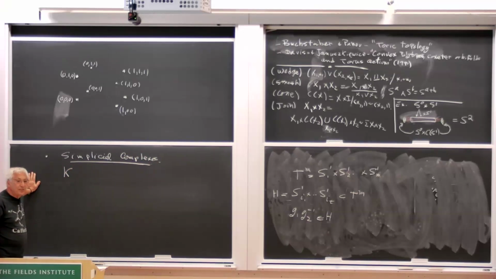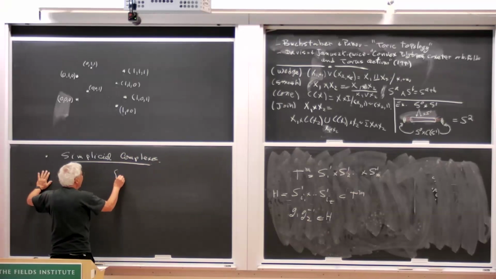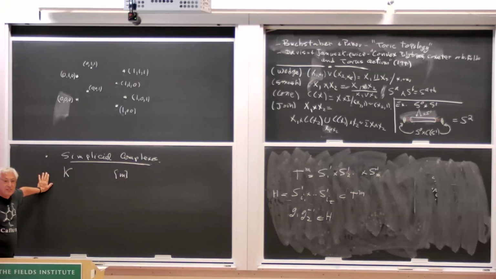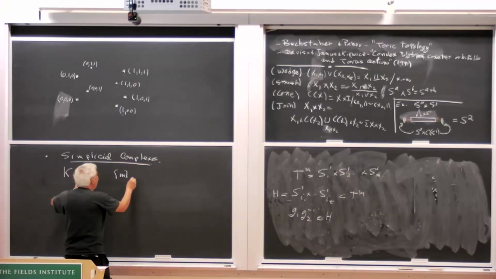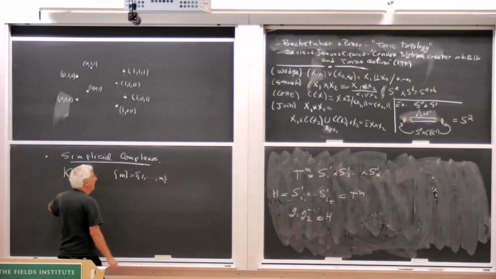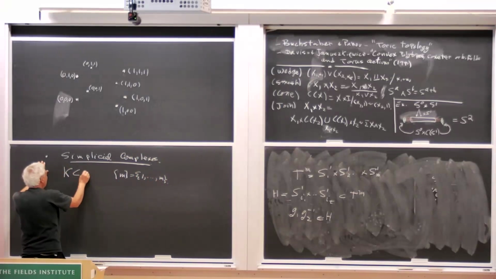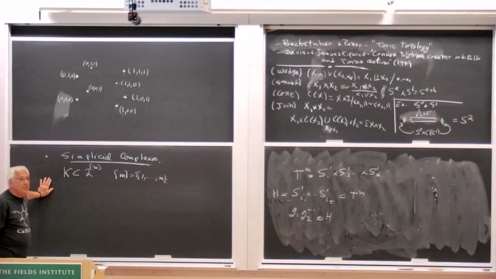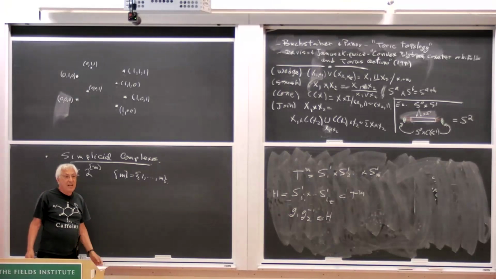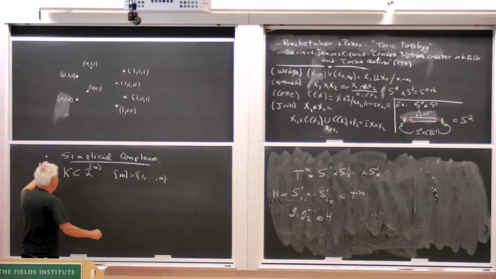We often denote the simplicial complex by K, and there's a set. I'm using the same letter m for reasons that will be clear as I proceed, which are the numbers from 1 to m. And K is a collection of subsets of the numbers from 1 to m and has a very simple property.